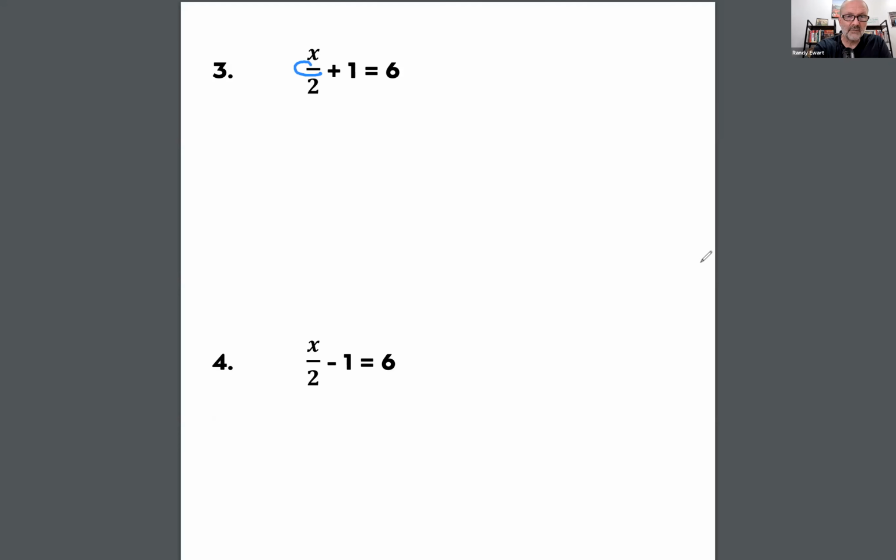Let's look at some problems with division. So here we have the fraction bar, which means division. So that means we're going to multiply. But I like doing addition or subtraction first. That's a plus 1. I'm going to subtract because that's the inverse operation. 1 minus 1 is 0. X over 2 plus 0 is x over 2. And now this is division, so I'm going to multiply.